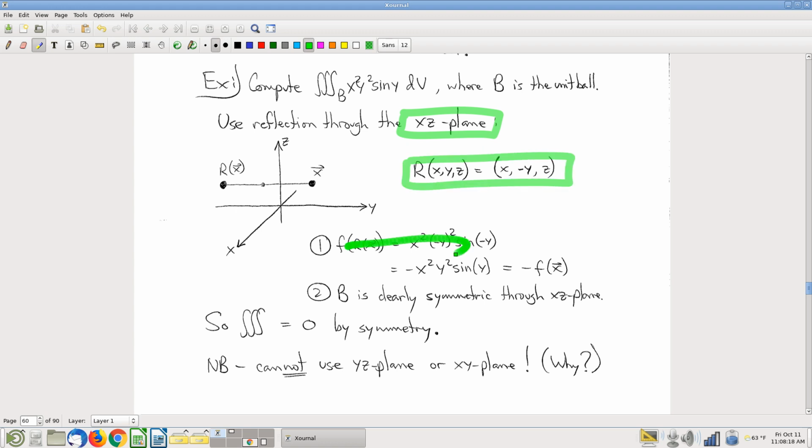You have to explicitly make the argument that the function has odd symmetry. And you have to state, and be correct, that the domain is symmetric through the same plane. All of that has to be explicitly indicated in your work. Otherwise, your argument is simply not complete.